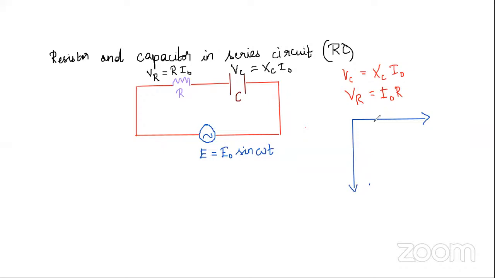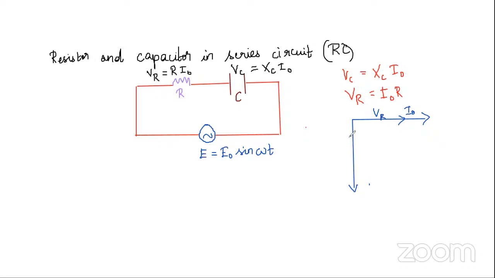The VR, that is the potential drop across the resistance, is in phase with I naught. Here you can represent I naught like this. So I naught is here, and VR is in phase with I naught.